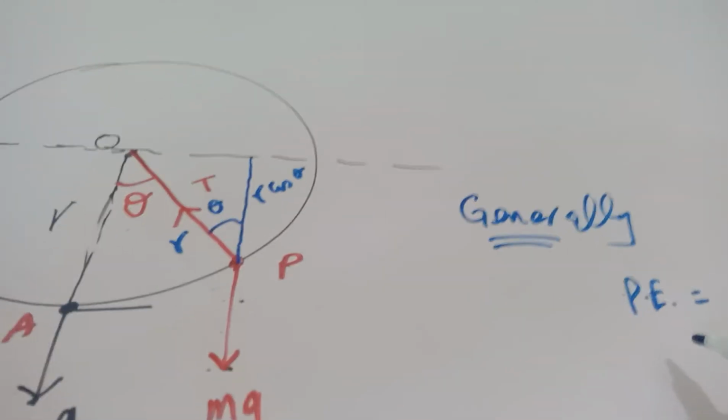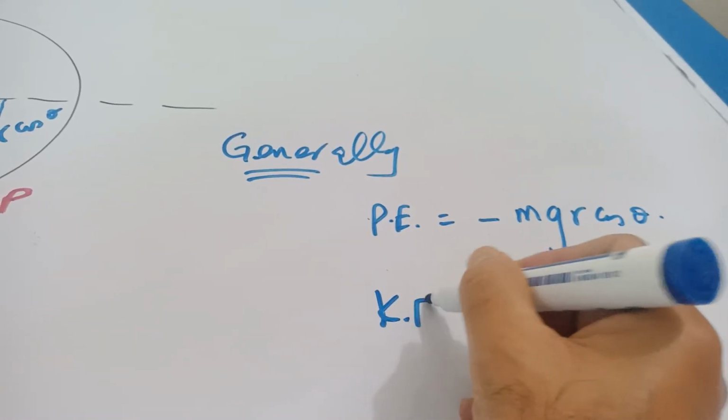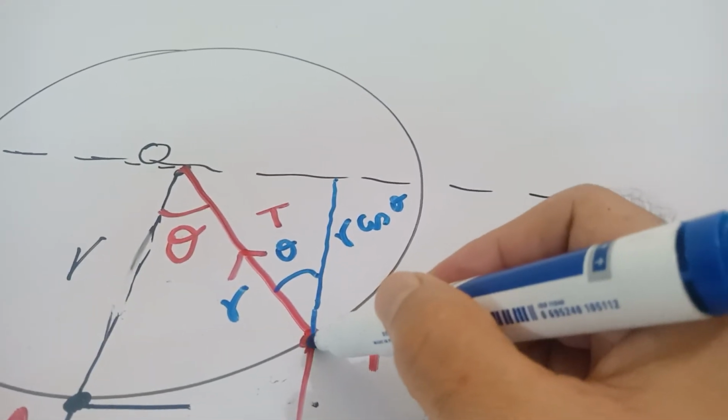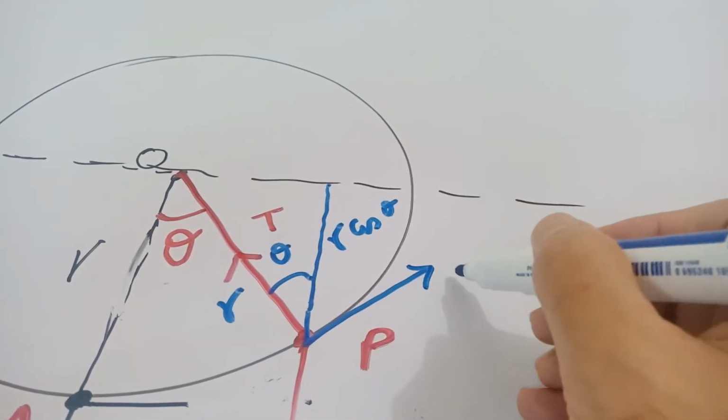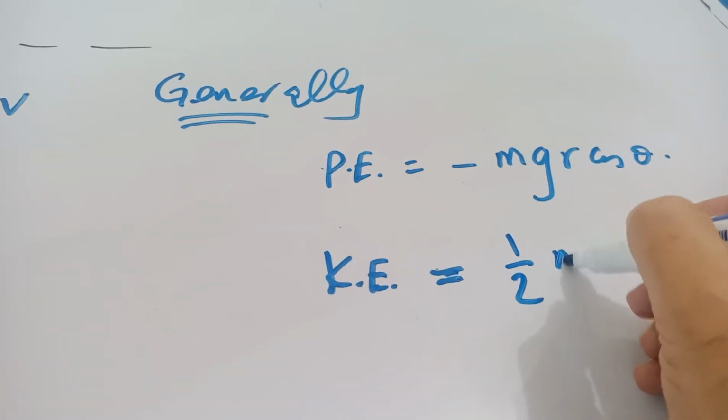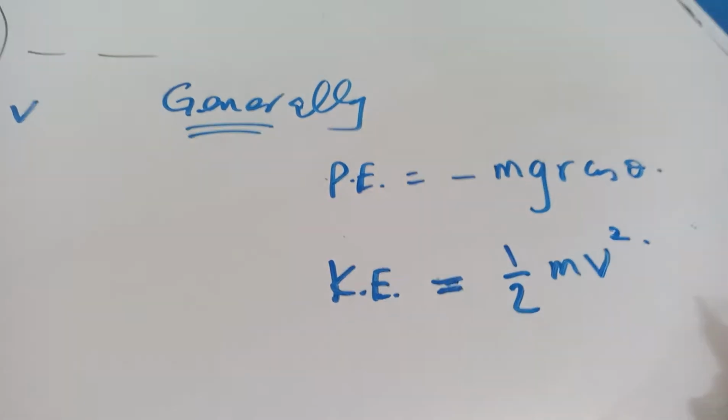Now what about the kinetic energy in general? We are just going to assume that right now there is this velocity v over here. So the kinetic energy is going to be half mv square.